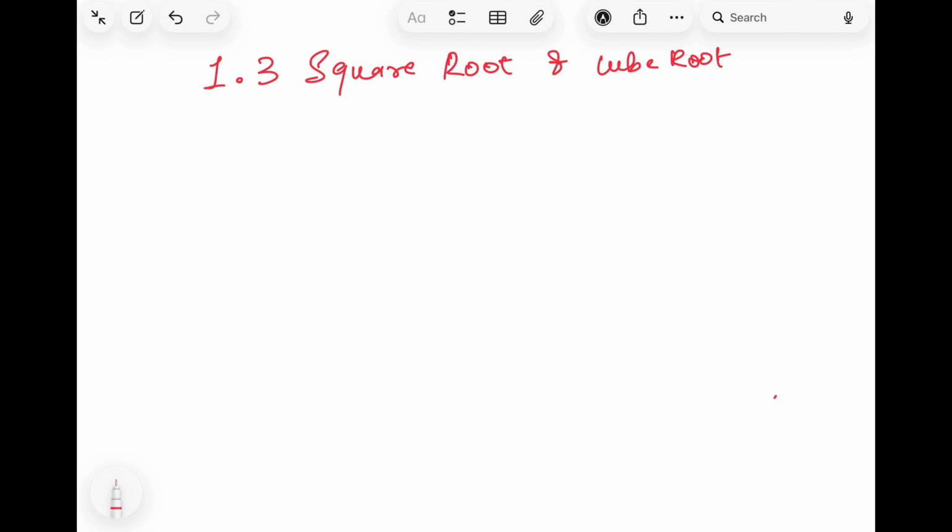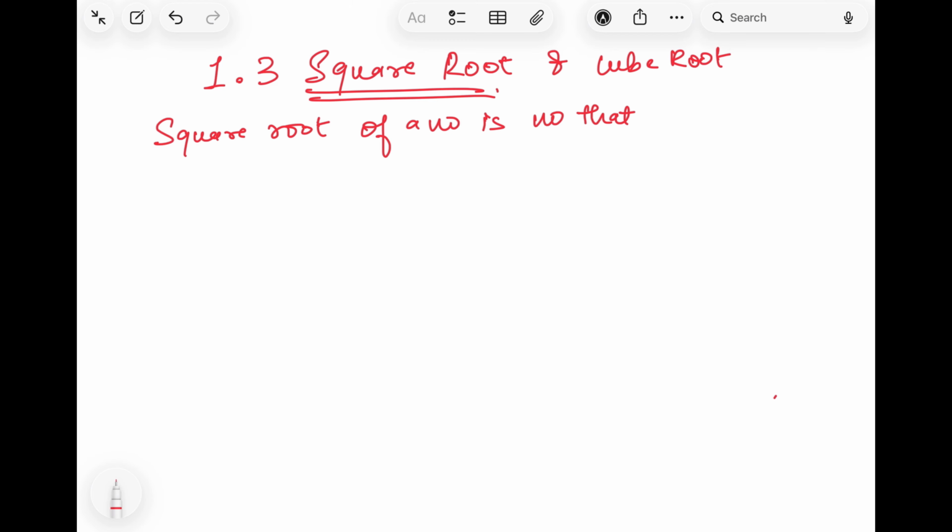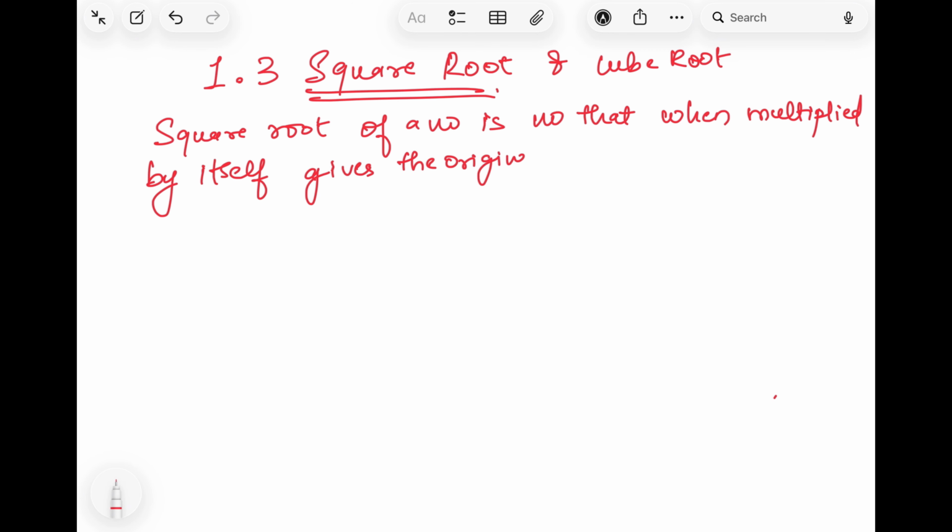So let's try and understand what is square root. Okay, so square root of a number is a number that when multiplied by itself gives the original or the given number.